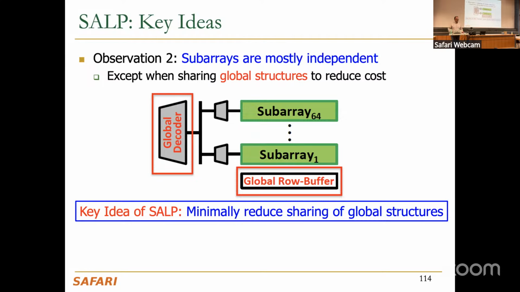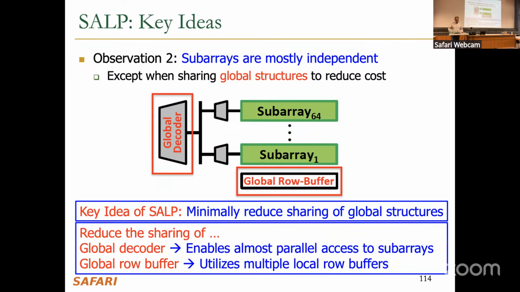We call it a global row buffer, but remember that it's not a global row buffer. It's a global bank I/O. So the key idea of SALP is that we reduce sharing of the global decoder, which enables almost parallel accesses to subarrays. And we reduce the sharing of this global circuitry, the global bank I/O, to utilize multiple local row buffers.